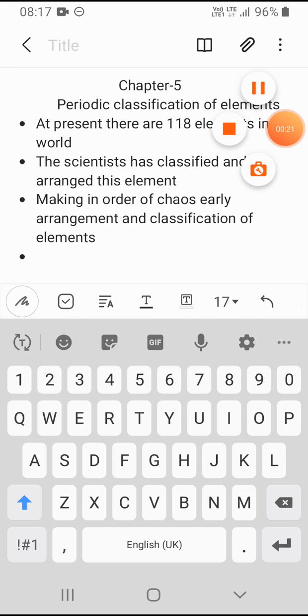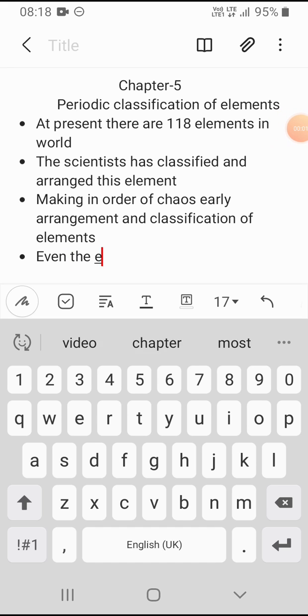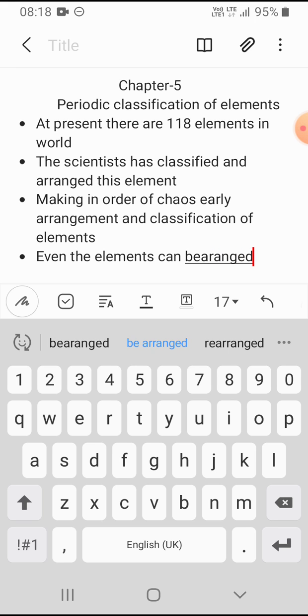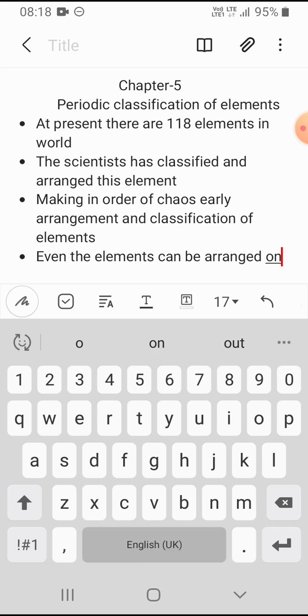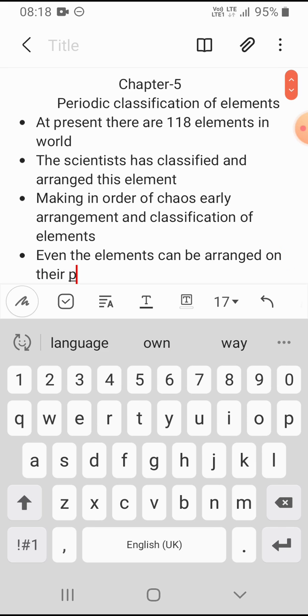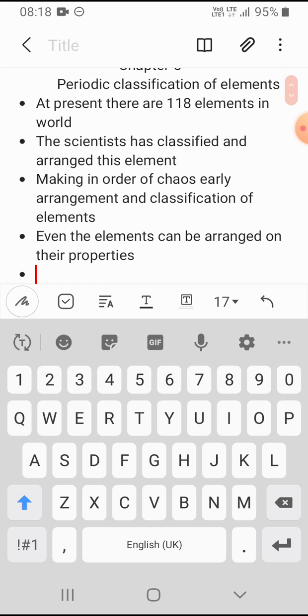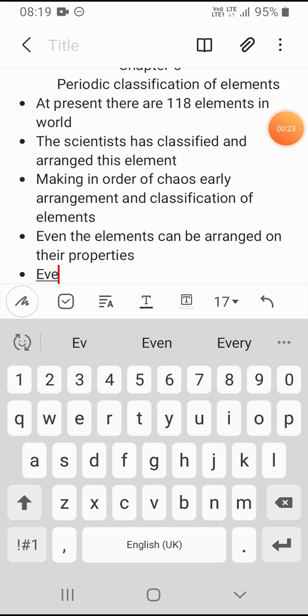So let's know about this. Elements can be arranged on their properties. We can arrange them like that.